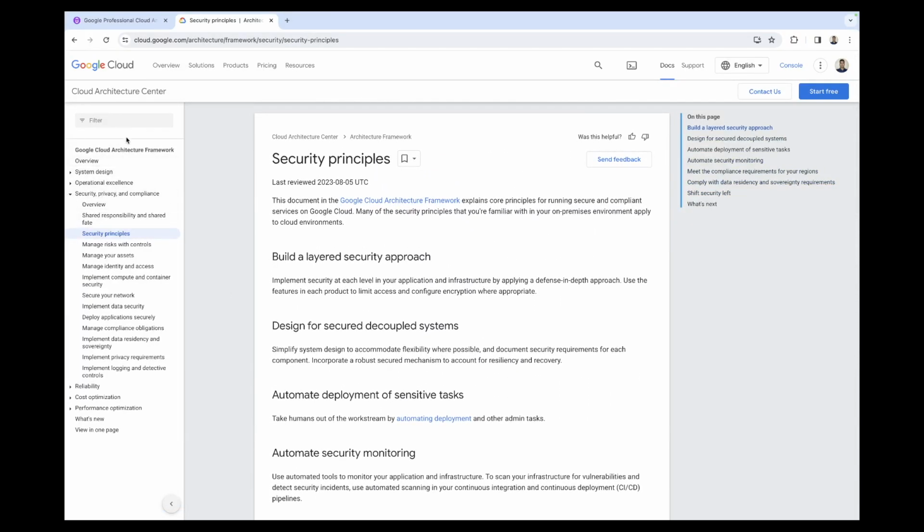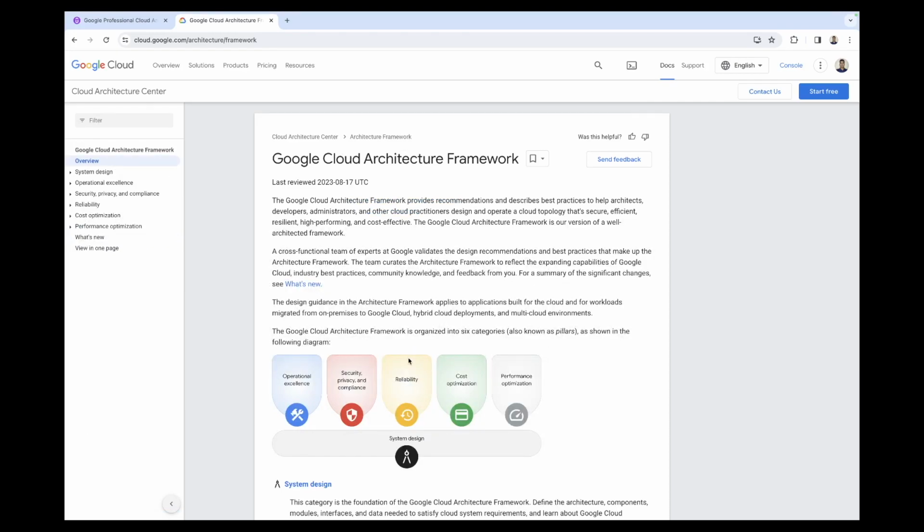So really take a look at the well-architected documentation. I went through the entire documentation before I wrote the exam, and it was 100% very helpful.